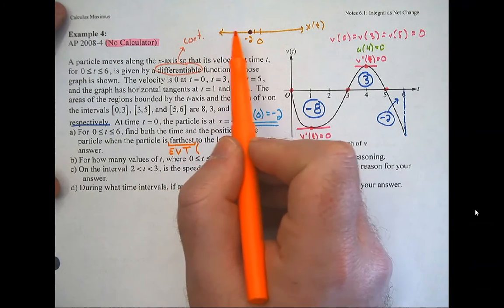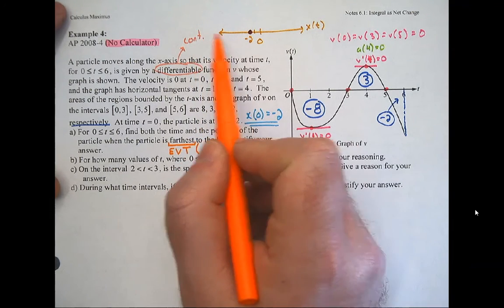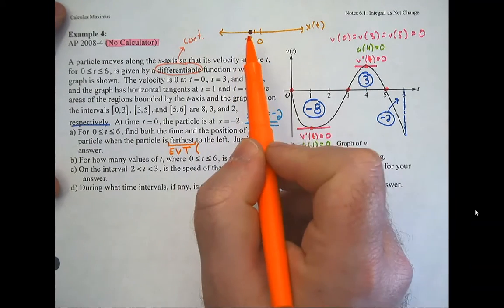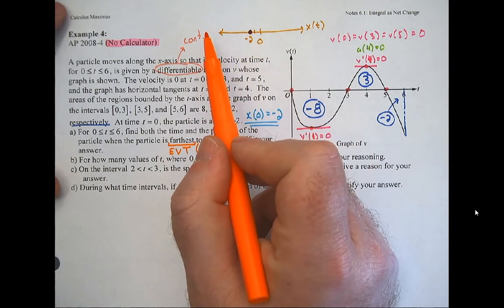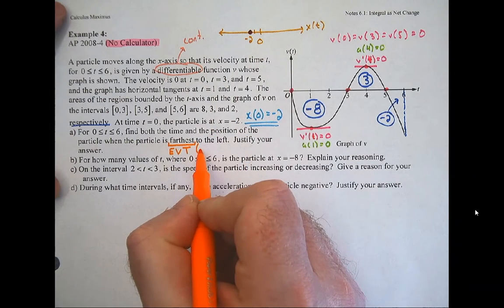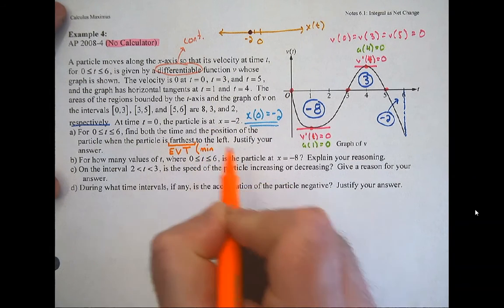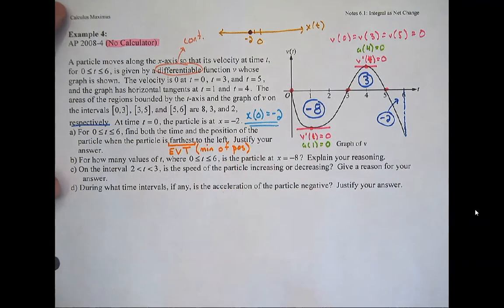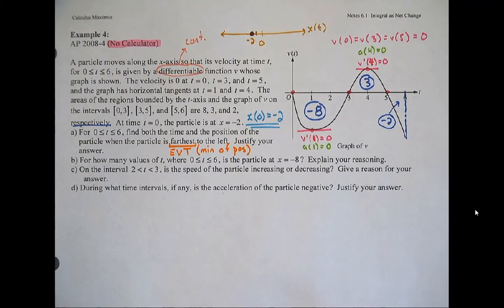These are negative, smaller, smaller, smaller. Now, our particle doesn't move left forever. It eventually comes back to the right, as you can see from our picture. But we want to find the spot where it's furthest to the left. So that would be what value? We're looking for the minimum of our position. So we're trying to find the smallest value possible of our position function.